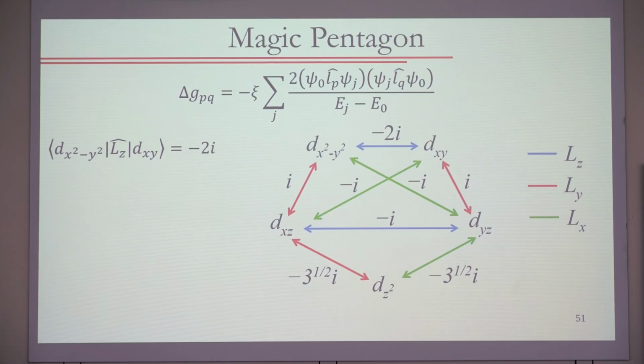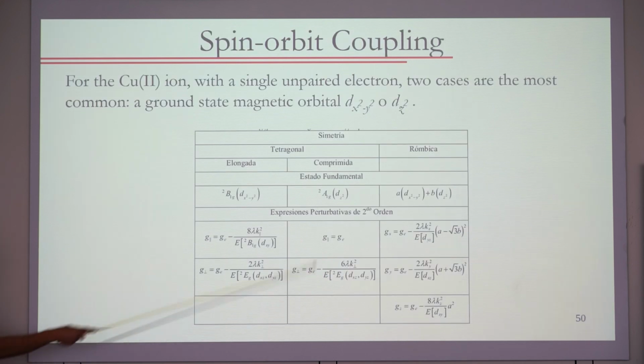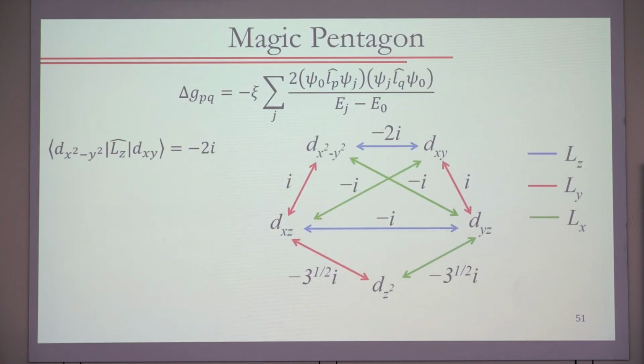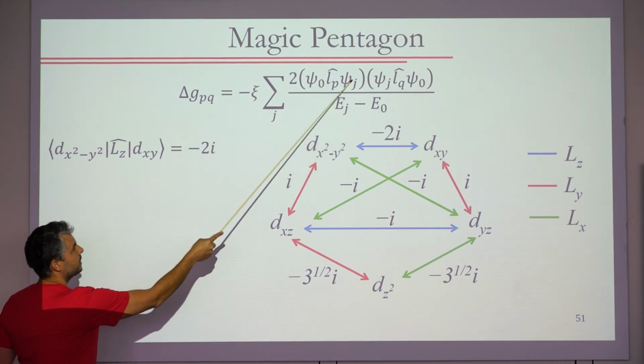If you have, I don't know, low spin cobalt, it would be similar to this, but not exactly the same. So you have the magic pentagon. Maybe you have seen this somewhere. It tells you the numbers that you put in here.